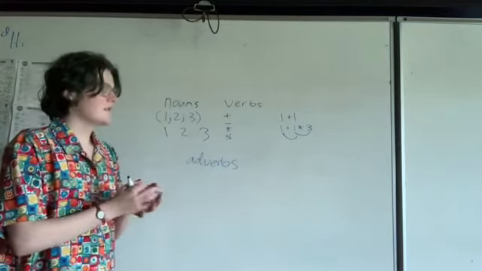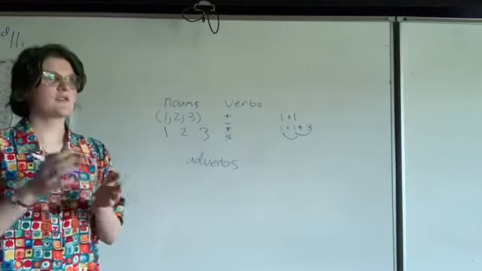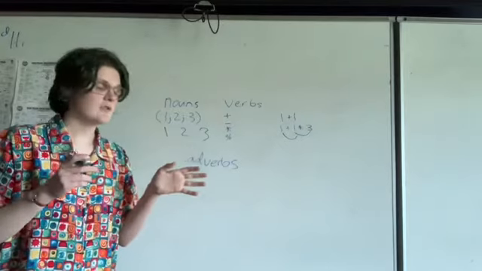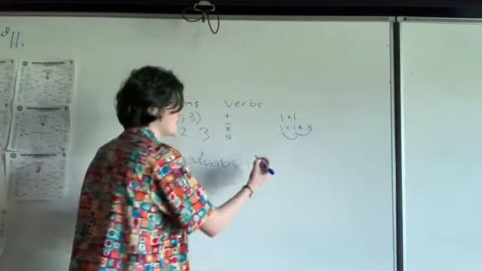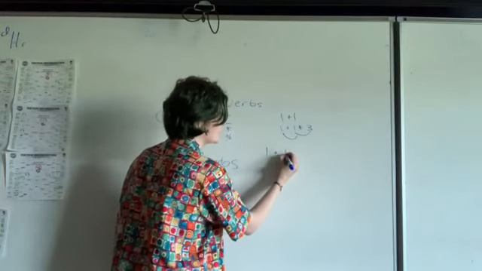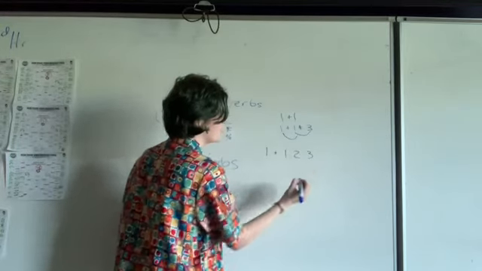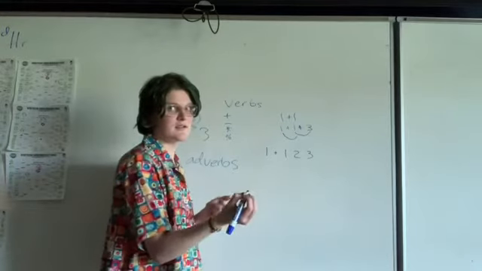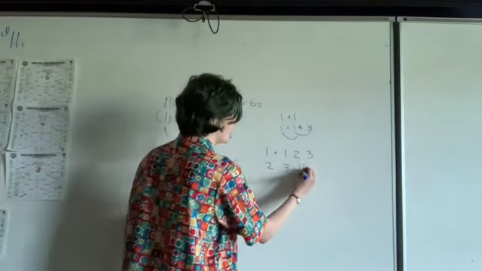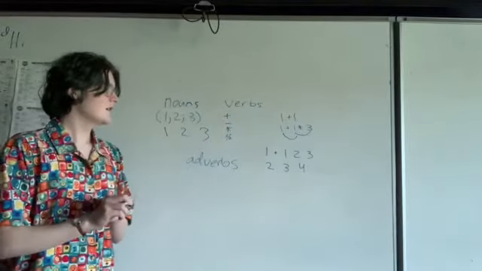There are some verbs which are called atomic verbs. You can do an operation and it'll do it on each part of the list. So if I do 1 plus 1, 2, 3, this will actually return a list which will be 2, 3, 4.